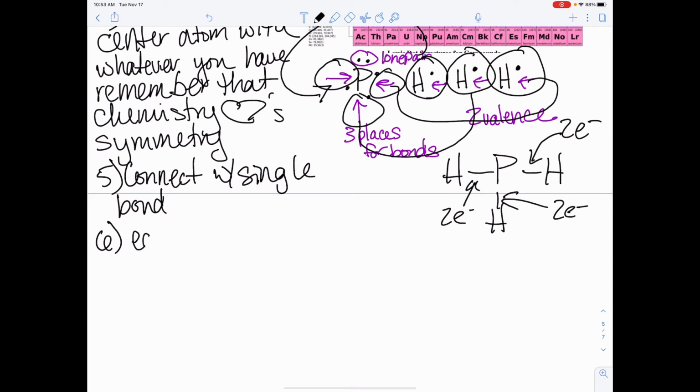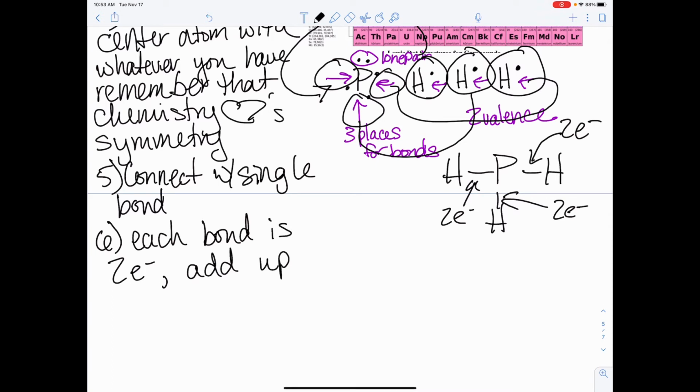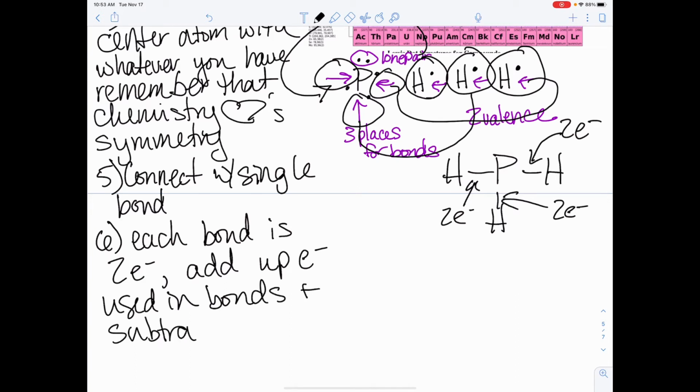Each bond is 2 electrons, so you add up how many electrons you used in bonds and subtract from what you had to start with, from your total valence electrons.